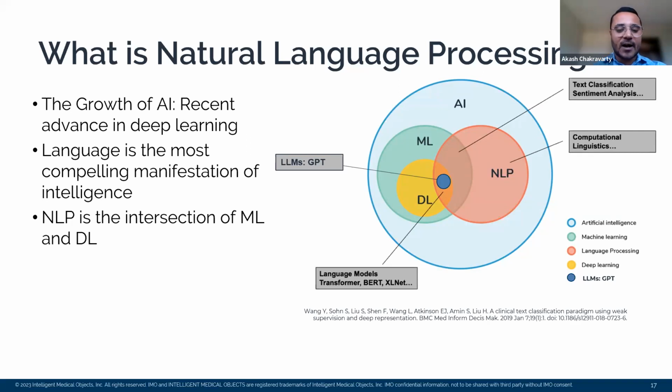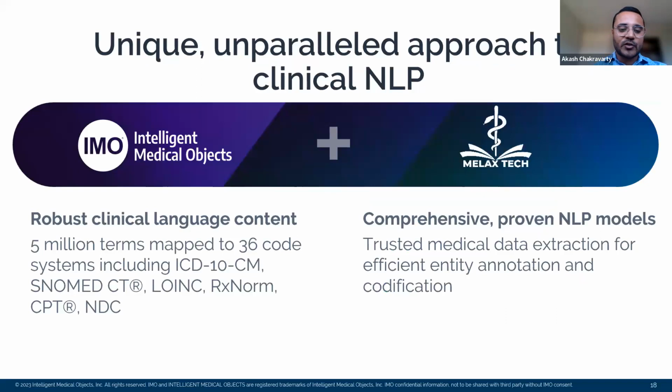On the next slide, as Andre mentioned before, Melax Tech is one of the best kept secrets in the unstructured clinical data world, and is used at around 650 organizations around the country. So Melax delivers proven tools for natural language processing that improve the value and usability of unstructured clinical data.